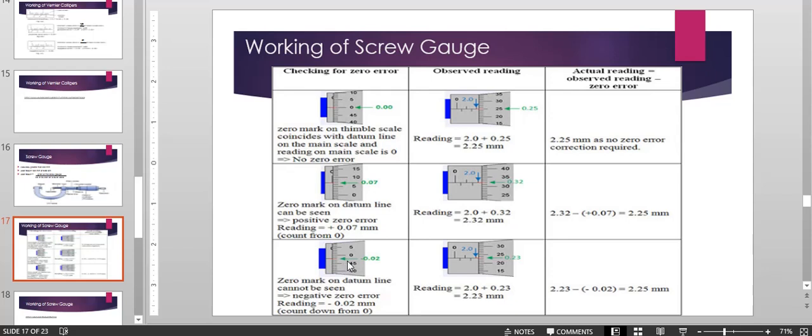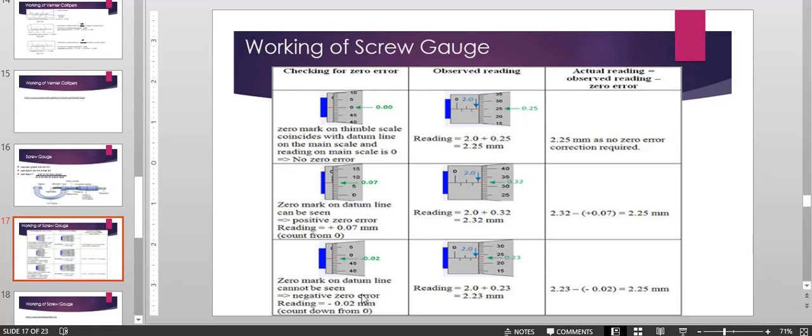When you subtract it, you will get 0.02. As it is a negative error, you will put a negative sign with this number, that is minus 0.02 millimeter. This is how you find the negative error in the screw gauge and a vernier caliper as well.